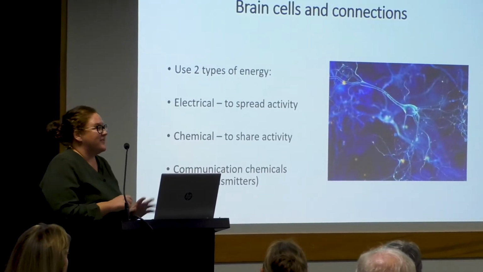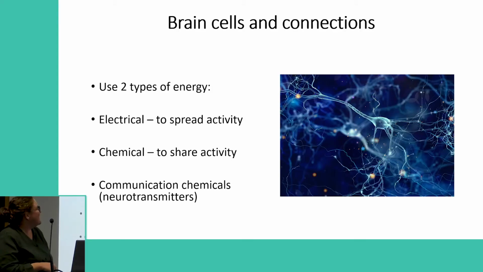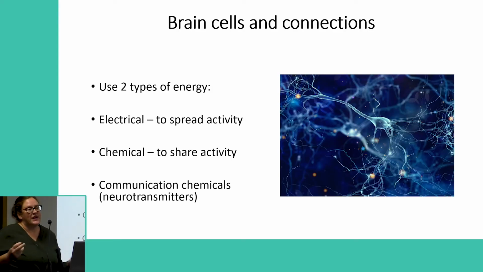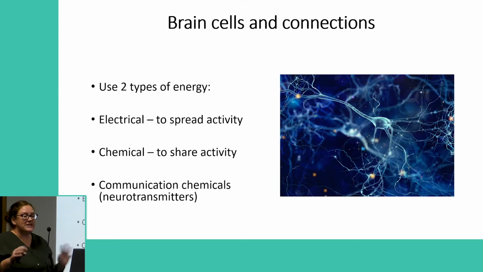This cartoon here is a bit fancier looking, but it gives you an idea of how the brain is actually working functionally, so I really like it. You can see these yellow spots here, and they look a bit like sparks. That's because the brain uses electrical activity as well as chemical activity to spread the signals.